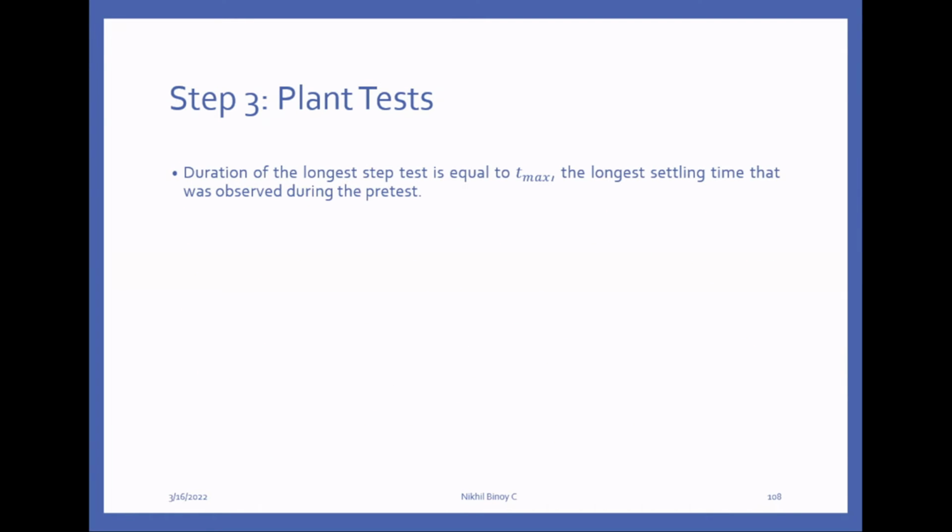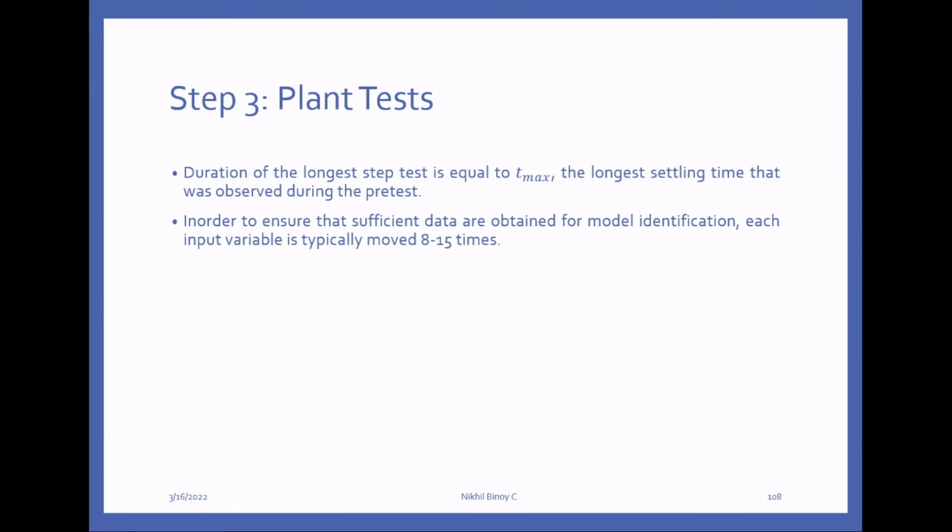Now the duration of the longest step test is equal to Tmax. This means in step 2 we have the settling time of each input and output combination, and we take the largest value. The duration of the longest step test is taken as the largest settling time Tmax.